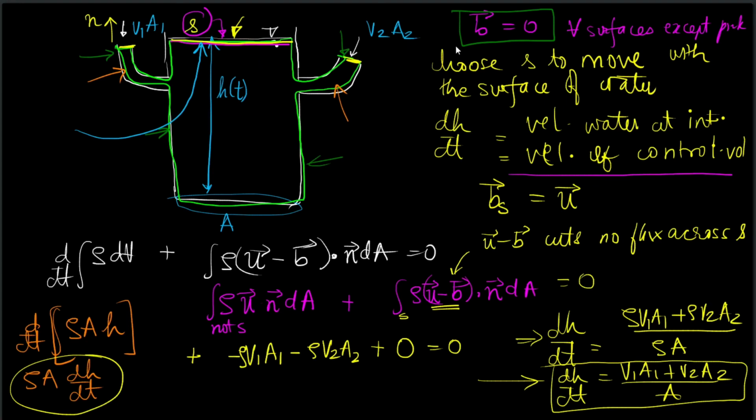B need not be equal to 0 for the entire surface. B can vary over different parts of the control volume, and the choice often boils down to your experience and how best you can make a choice which reduces your own effort.